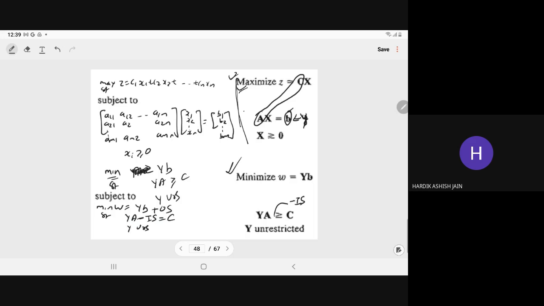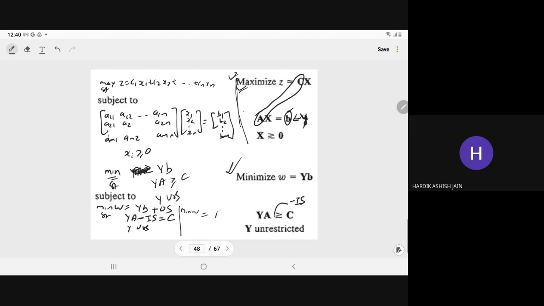When Y is URS, how do we deal with it? We write Y as Y plus minus Y minus.